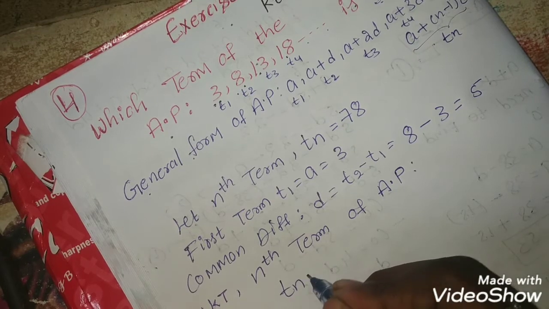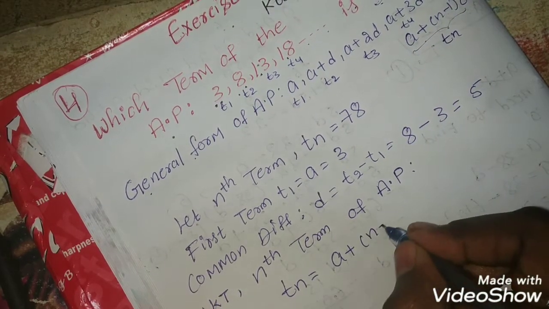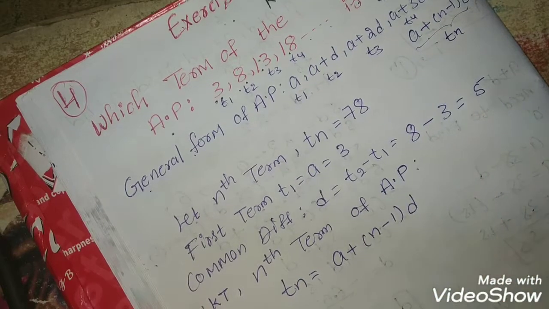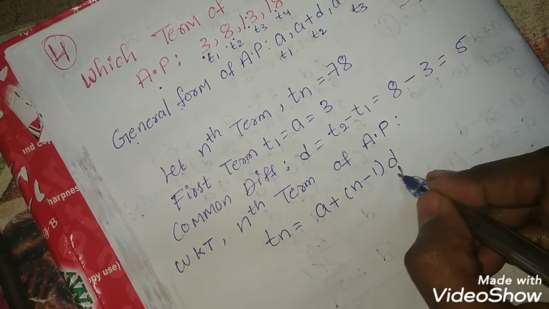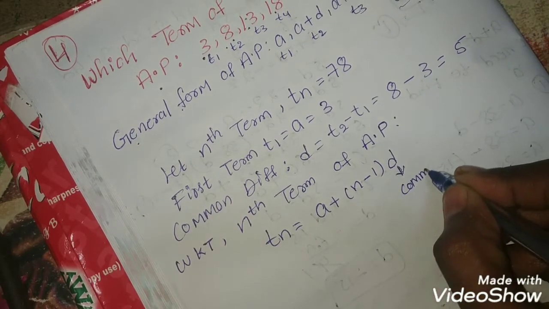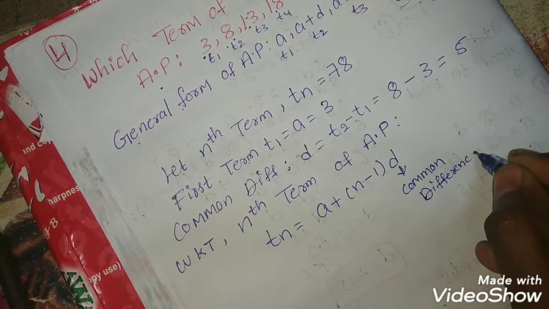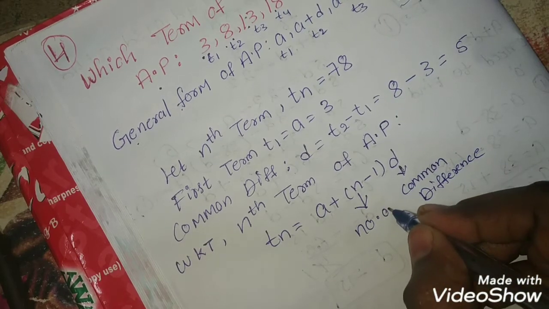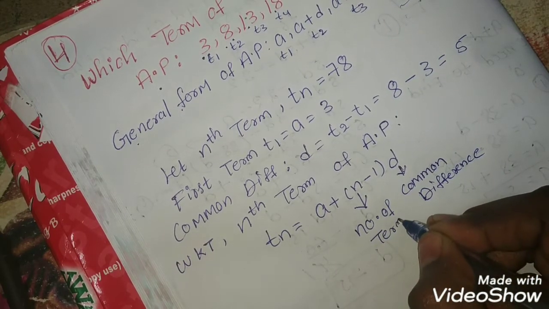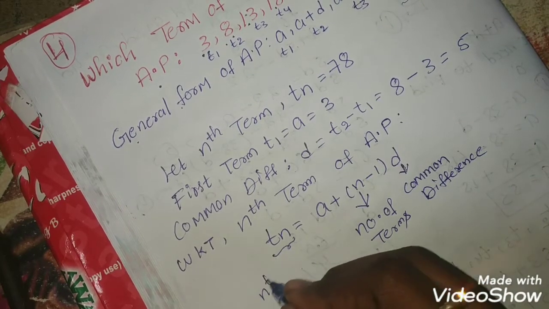Next, we know the nth term of an arithmetic progression, Tn, is equal to a plus n minus 1 into d. See here, d is the common difference, n is the number of terms, and Tn is the nth term.